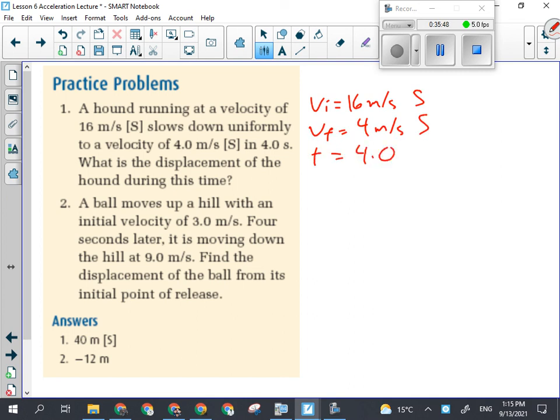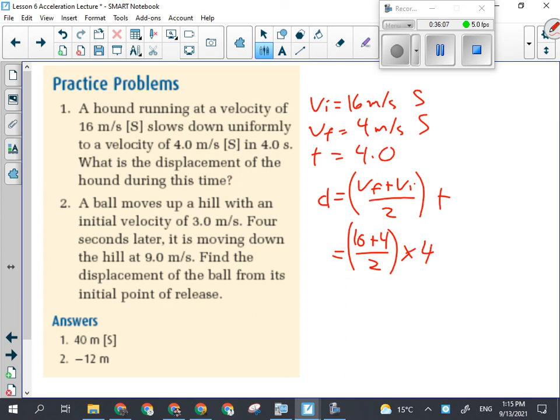So again, I don't need to manipulate here. It's already set up to calculate that if I use this formula. All I have to do is plug in my numbers. So 16 plus 4 divided by 2, multiplied by 4 seconds. So 16 plus 4 is 20, over 2 is 10, times 4 is 40 meters south.